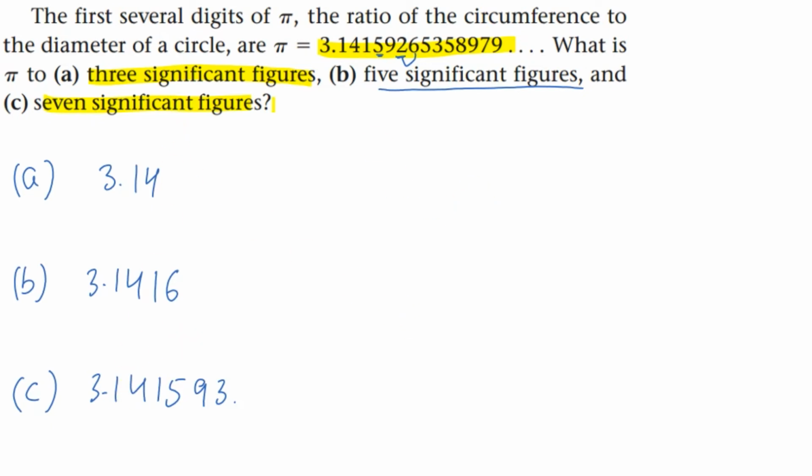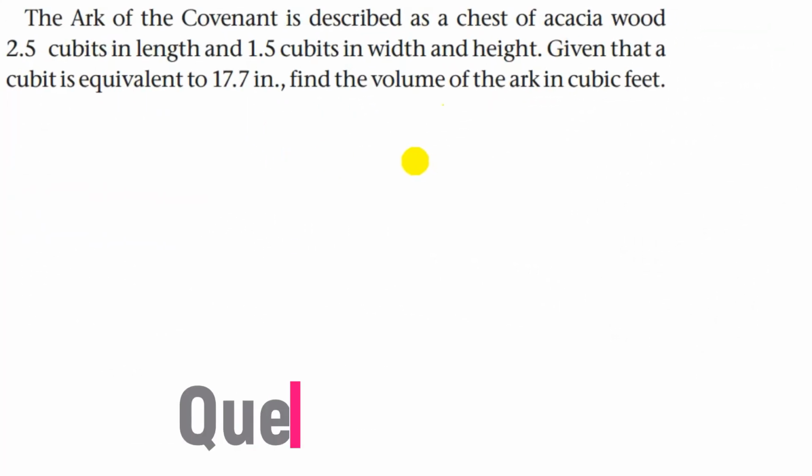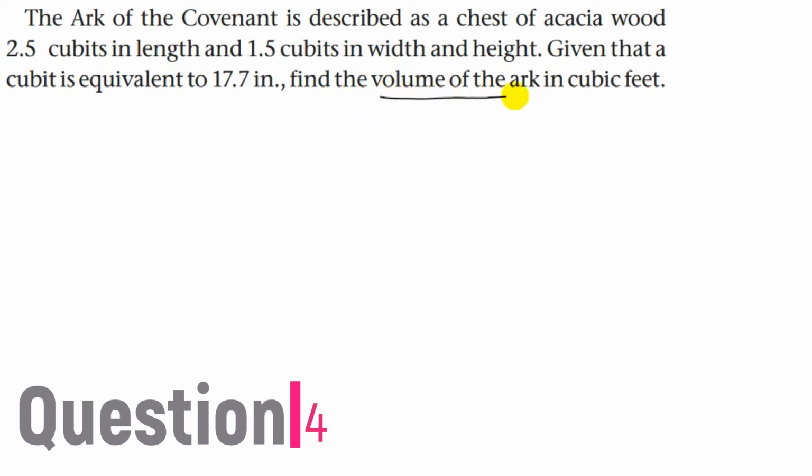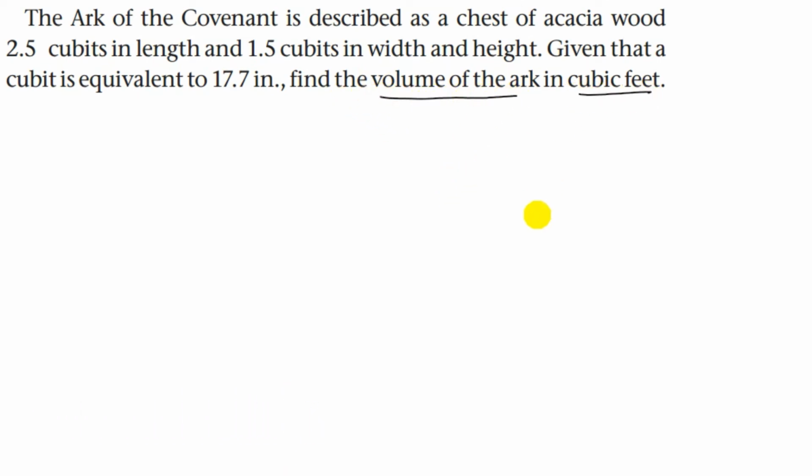Now in this question we have to find the volume of the ark in cubic feet. The dimensions for the ark are given in cubits. The length is 2.5 cubits, and the width W is 1.5 cubits.